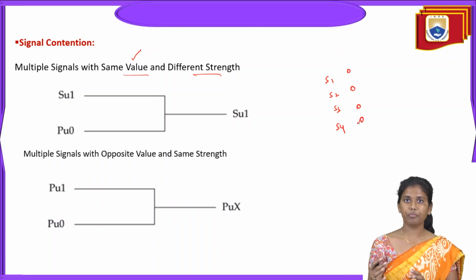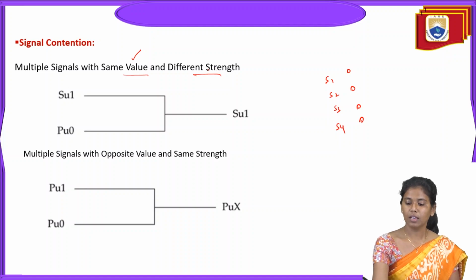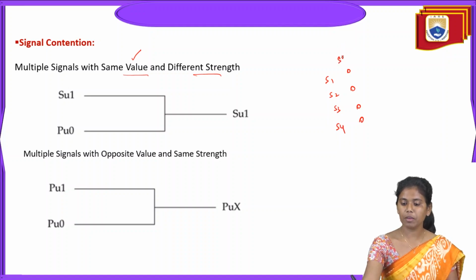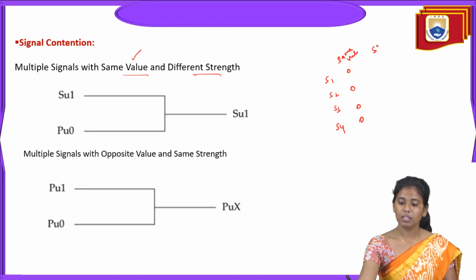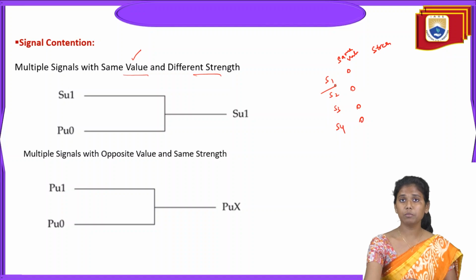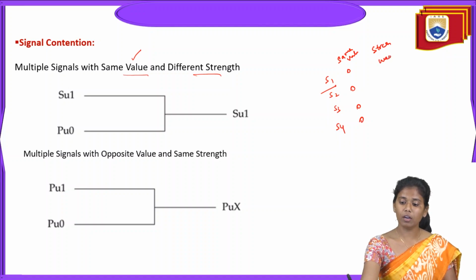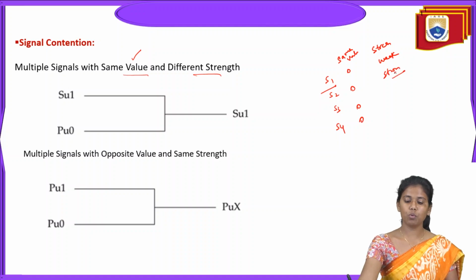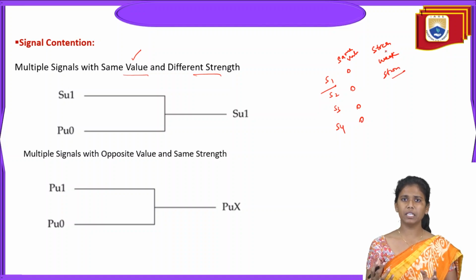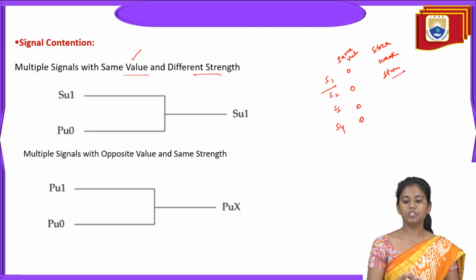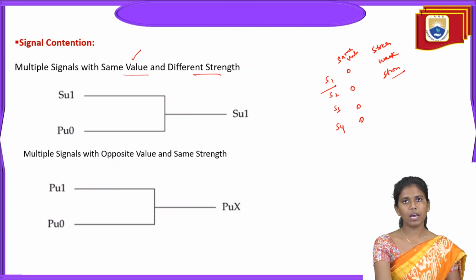They have the same value but different strength. Sometimes S1 may be weaker and S2 may be stronger, so that's what different strength means. Many multiple signals, but it all depends on the different strength.